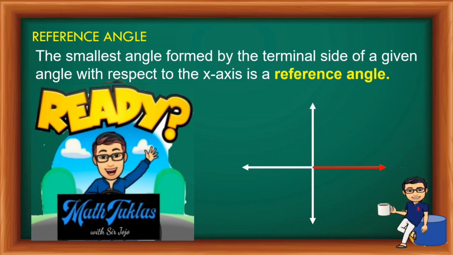Let's have another one. So, yan naman yung tinatawag nating terminal side. Kung mapapansin nyo, ang angle na nabuo, yung kulay red, ay mula sa x-axis at terminal side. So, yun ang tinatawag nating reference angle. So, that angle theta is what we call a reference angle.